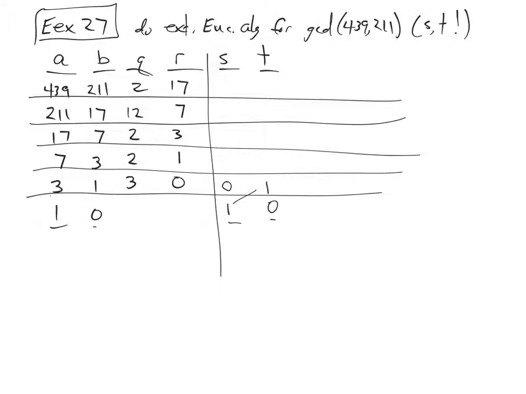And the check is 3 times 0 plus 1 times 1 is 1. Yay. So I do 1, and this becomes 0 minus 1 times 2. So this becomes minus 2. And the check is 7 times 1 is 7, plus 3 times minus 2 is 6, so that works. Check. Oh, I'm not going to check those because I want to use this space in a minute for the point of this.